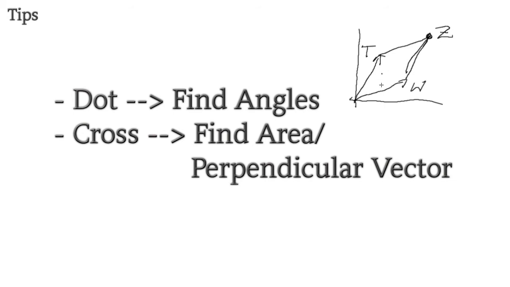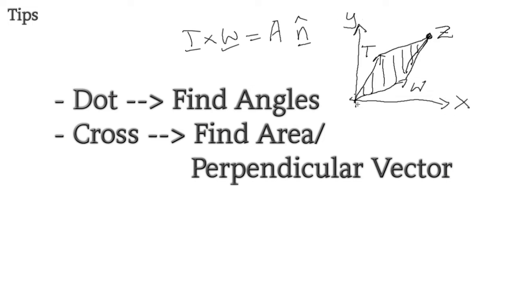The entire enclosed area over here is essentially T cross W, and that would be times n hat, and again n hat is the perpendicular vector, which in this certain plane, the xy plane, if I plot it in the y plane instead of the imaginary plane, then you shall get n hat as the unit z direction.